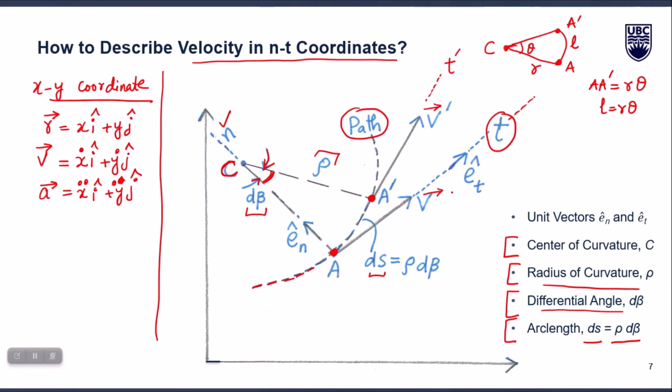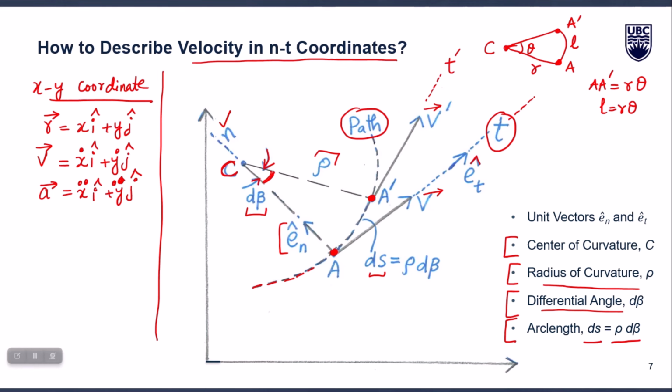Along the t direction, let me introduce a new unit vector and call it E sub t, with a small cap on it, indicating that it has a length equal to 1 and it is a vector. So E sub t is a unit vector in the t direction, length equal to 1. Similarly, E sub n is the unit vector in the n direction, normal.